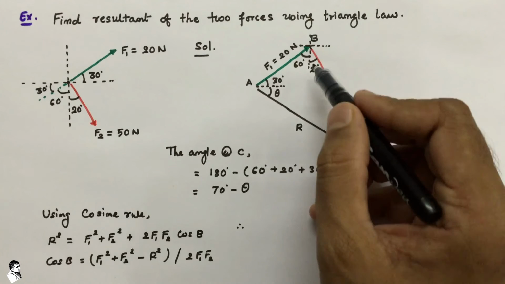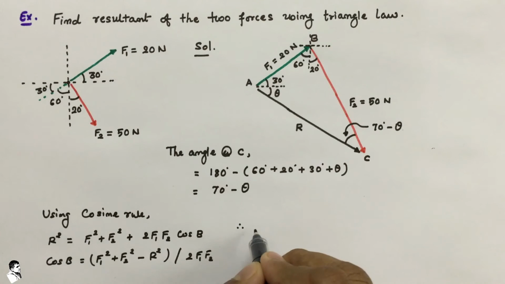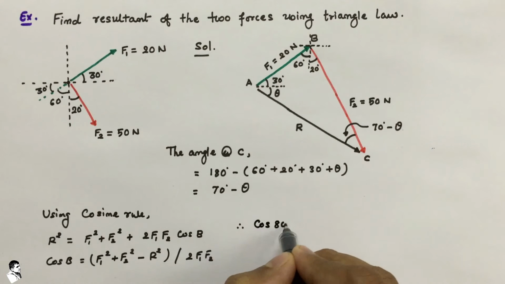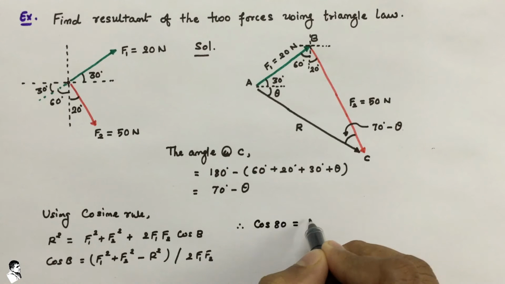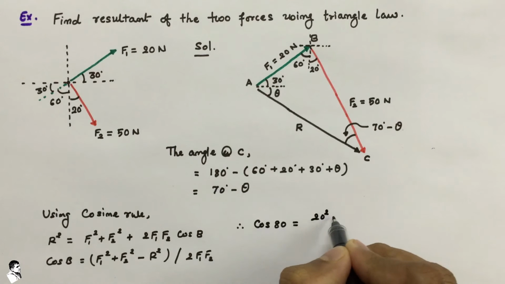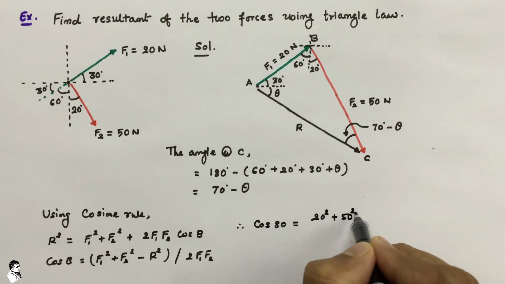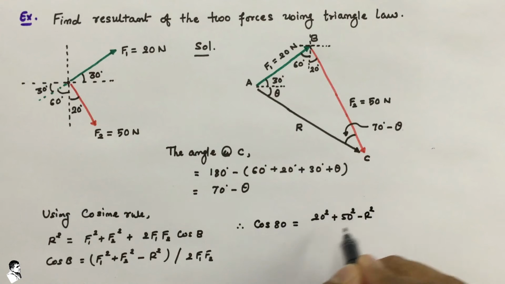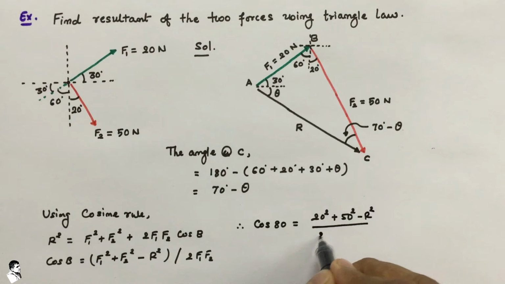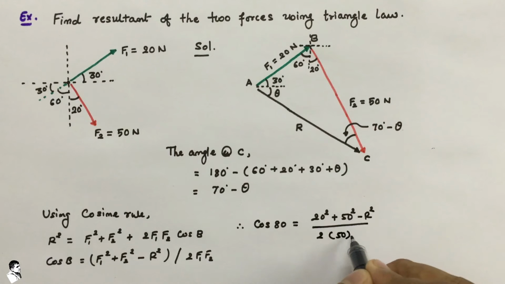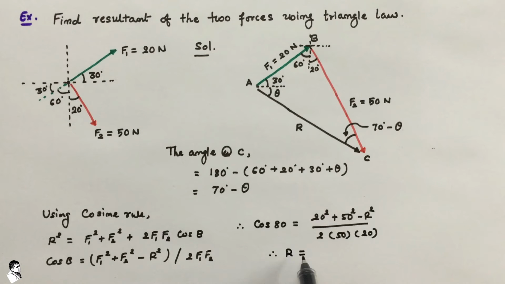Considering the beta that equals the corresponding angle of r, that is 80, cos 80 is equal to f1 square, that means 20 square, plus f2 square, that is 50 square, minus r square, divided by 2 into f1 into f2. Okay, so the answer would be, if you sort this out, 50.52 Newton. This is our first answer.